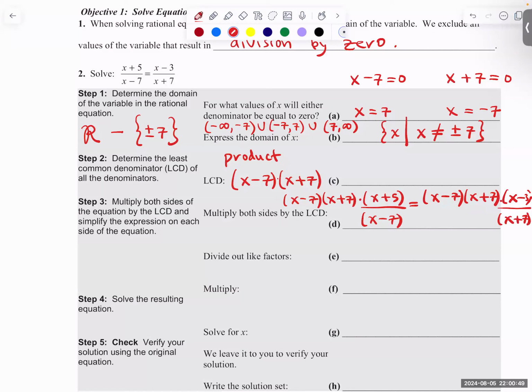So now we can divide and cancel. On the left side, x minus 7 divided by x minus 7 is 1. x plus 7 divided by x plus 7 is 1.